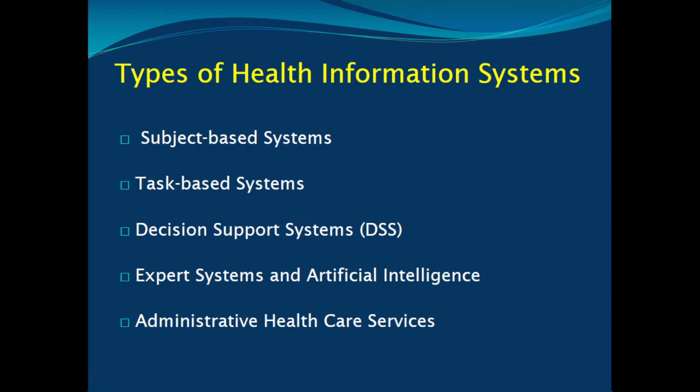So all health information systems are divided into some subgroups. Health information systems are information management systems that capture and display data related to the delivery of healthcare services. And a health information system is not just a system of computers and software.